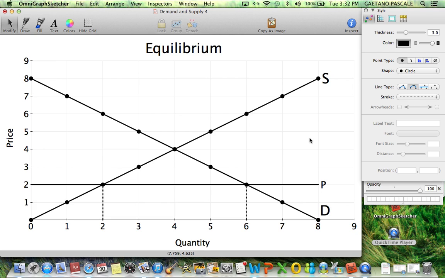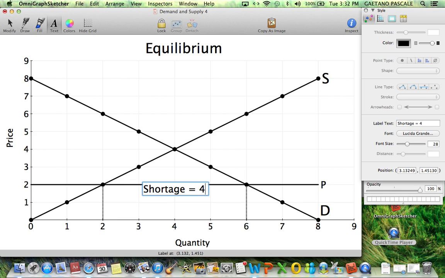So when the price is below equilibrium, we can see that the quantity demanded is equal to 6 and the quantity supplied is equal to 2. So we have a shortage. When the quantity demanded is greater than the quantity supplied, we have a shortage. So in this market, when the price is equal to 2, we have a shortage. And in this instance, the shortage equals 4.